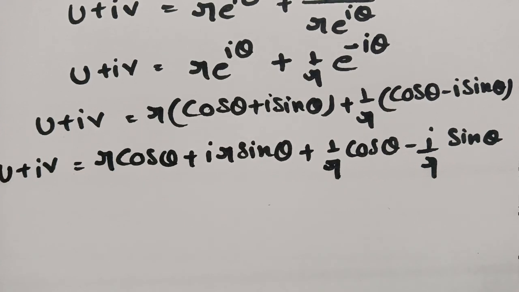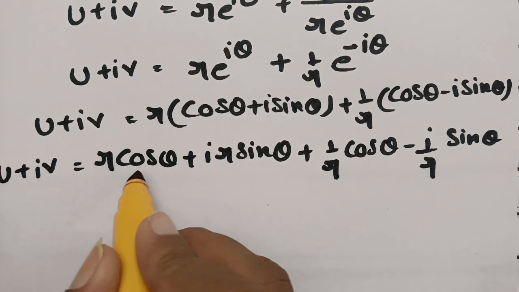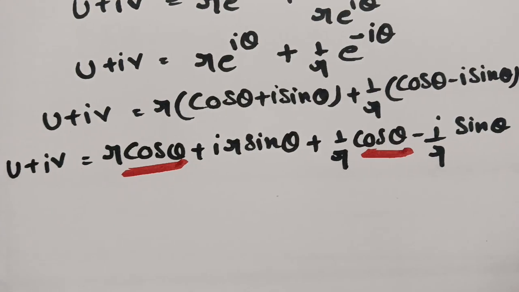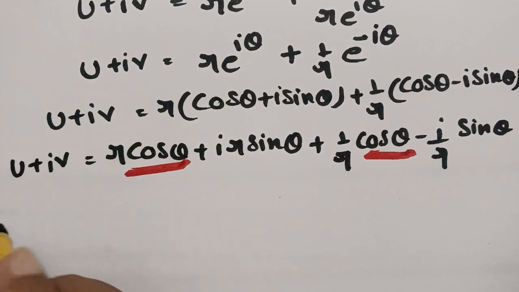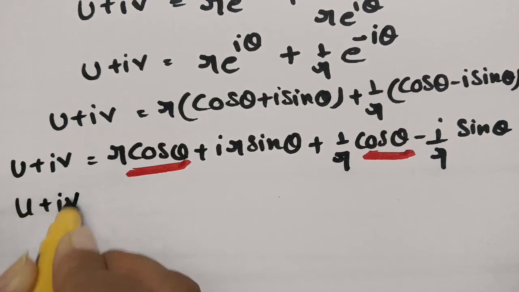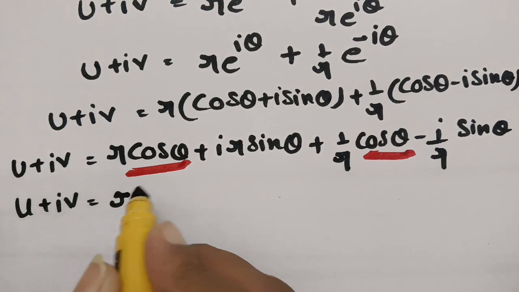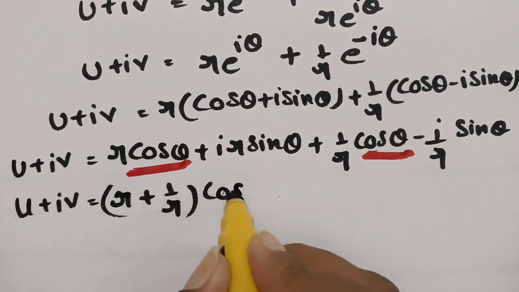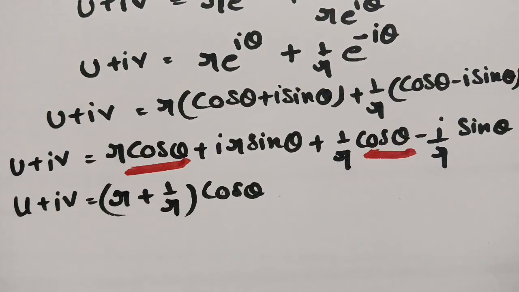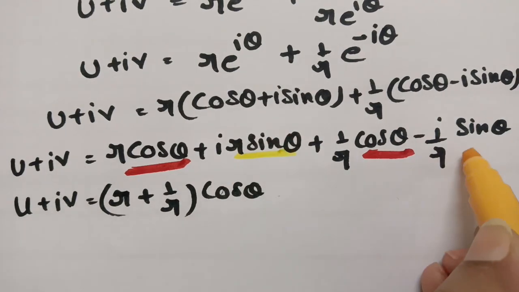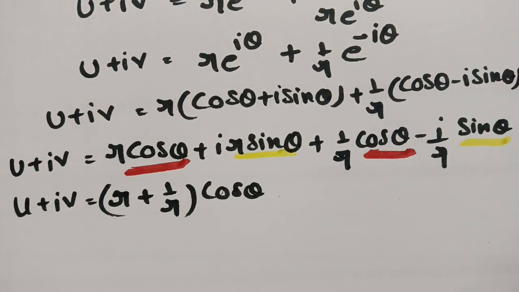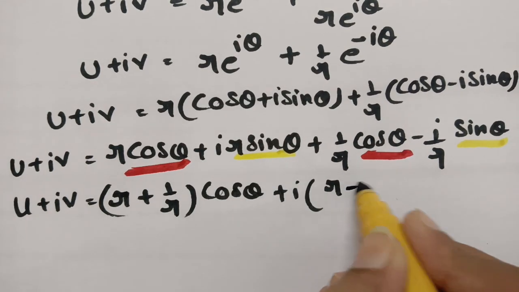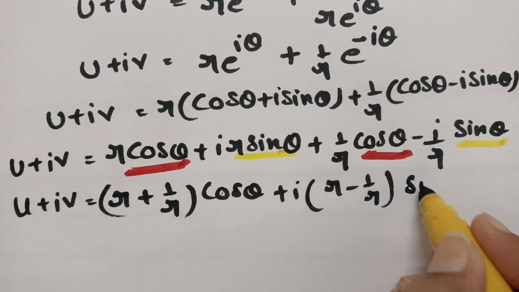Clear? So if I take cos theta common from this, then U plus iV is equal to R plus 1 by R into cos theta. And again, if I take sin theta common, there is a sin theta here and a sin theta here, this will be i times R minus 1 by R into sin theta.